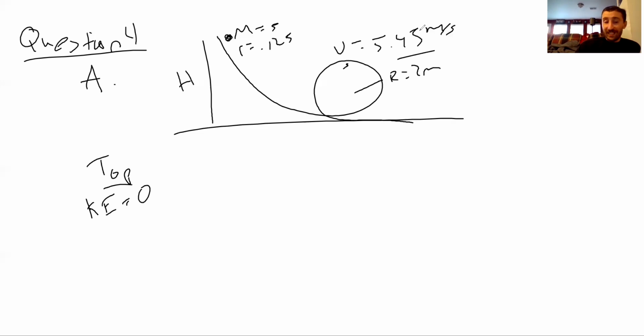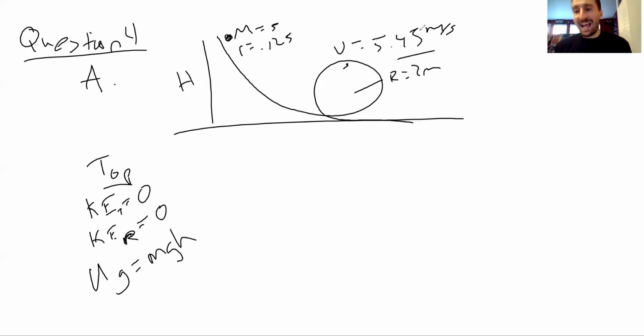It's not moving, so translational kinetic energy is 0, and rotational kinetic energy at that point equals 0. It has a height, so it has gravitational potential energy, which is mgh, very easy. So we know that the total initial energy must equal the total final energy.